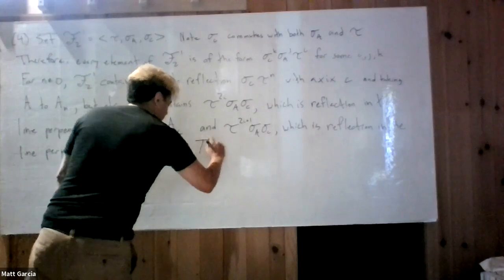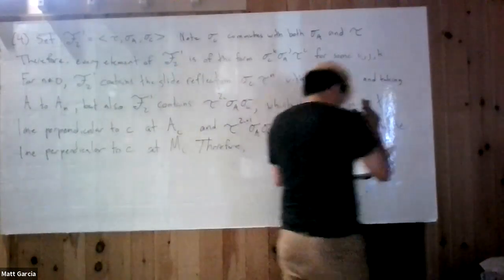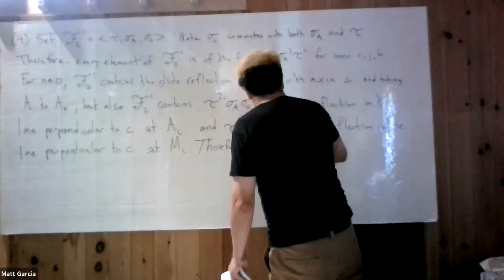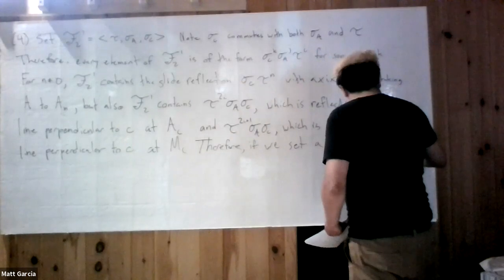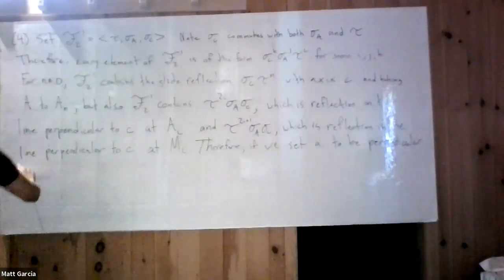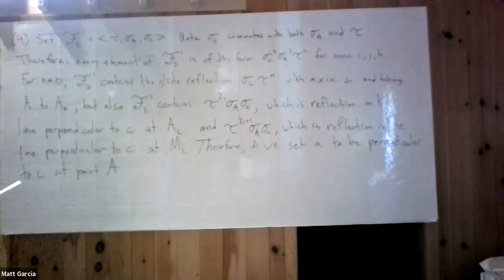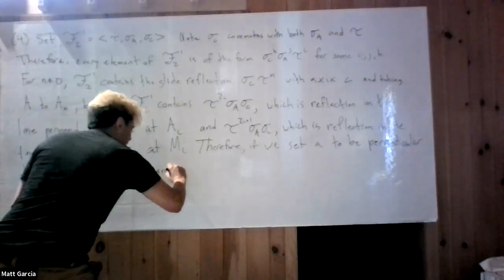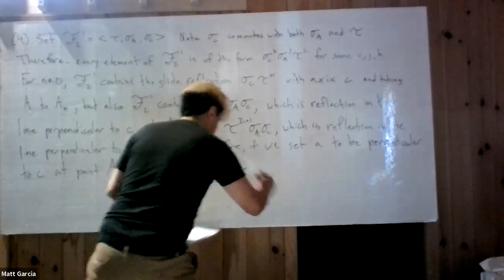Okay. Therefore, if we set the line a to be the perpendicular to C at point A, right? We can write F21 as follows.